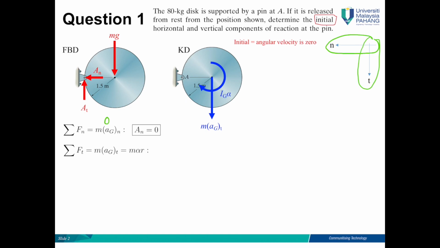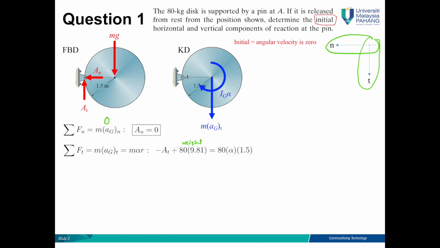Now we move on to the tangential component. Sum of Ft equals M alpha R. So we have minus AT plus the weight. This is the weight over here, and equal to M times alpha times R.